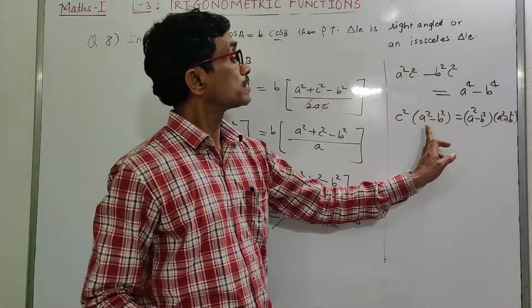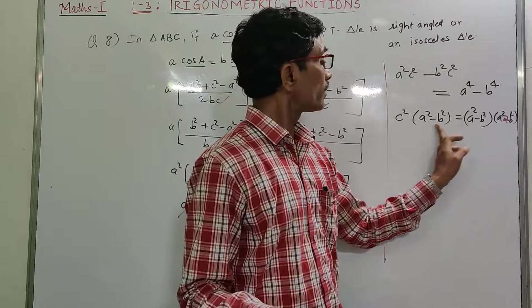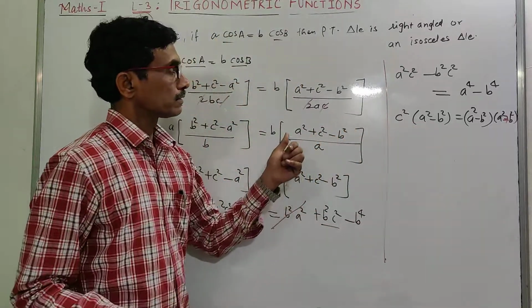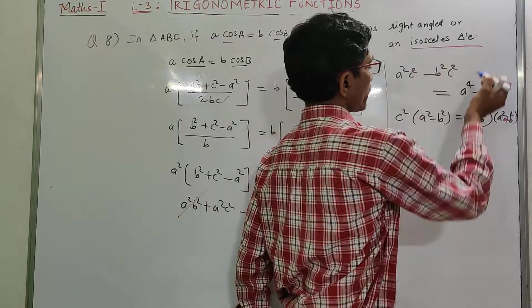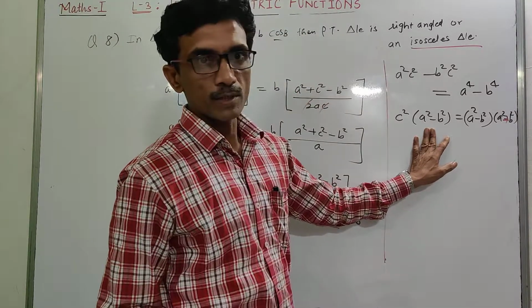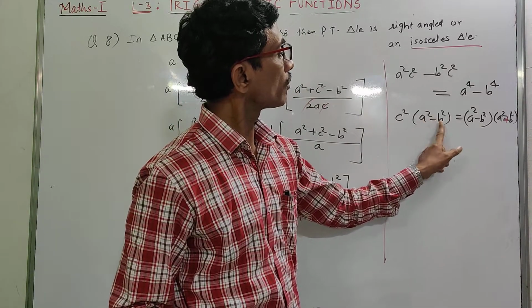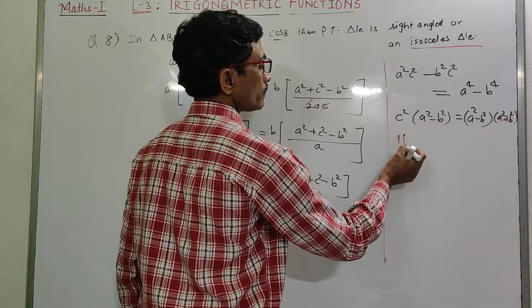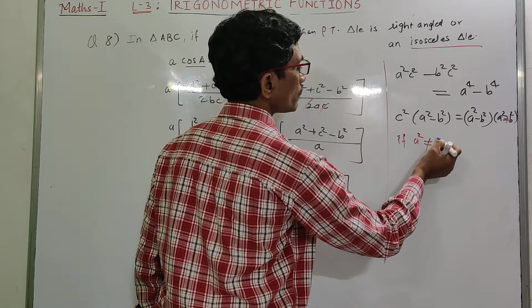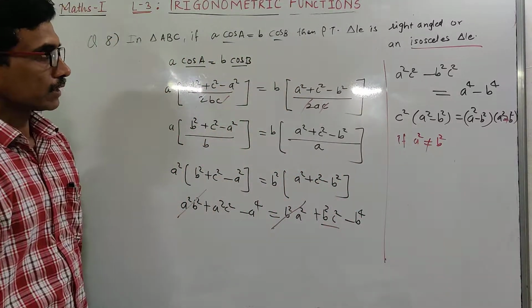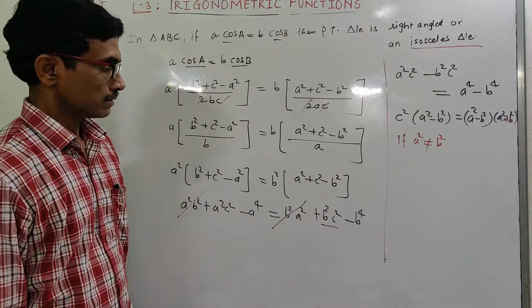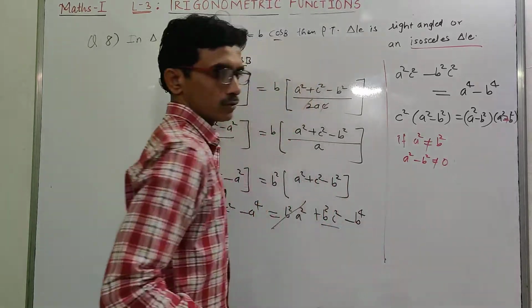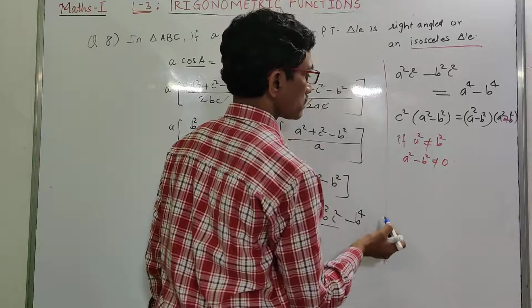Now either this a square minus b square may be 0 or may not be 0. If it is 0, then we are getting one condition, that the triangle is an isosceles triangle. But if a square and b square are different, they are not equal, then we can cancel this. So if a square is not equal to b square, that means it is not an isosceles triangle. Then a square minus b square is not equal to 0, and we can cancel this.